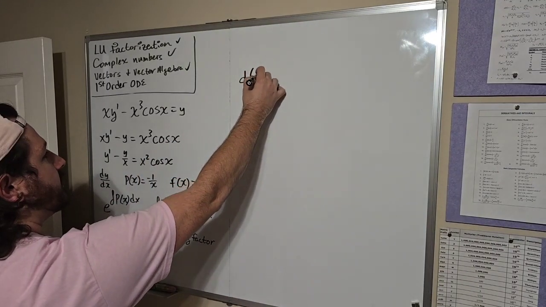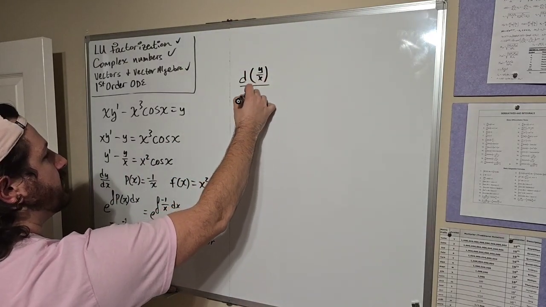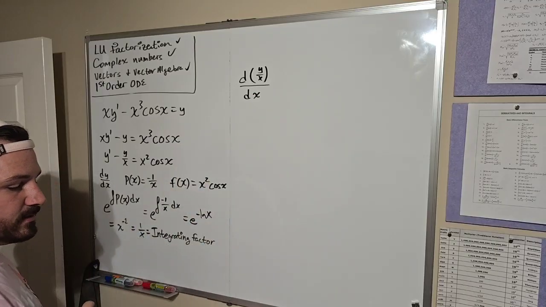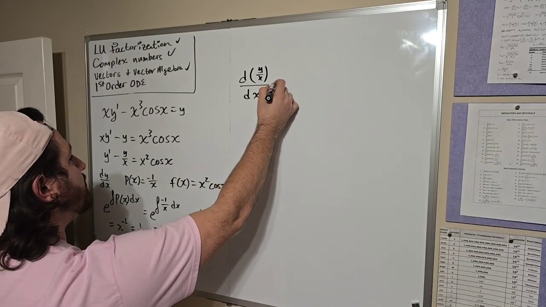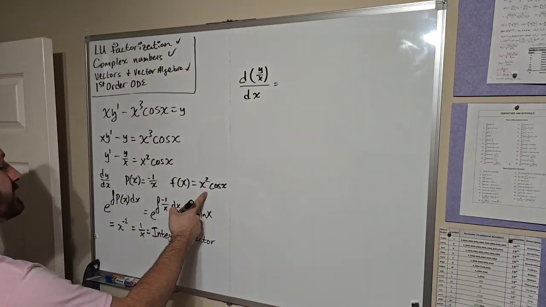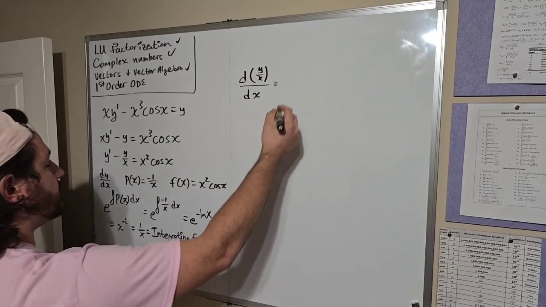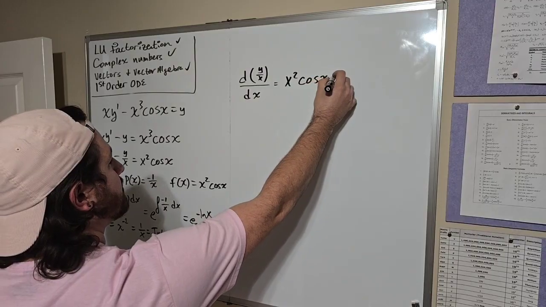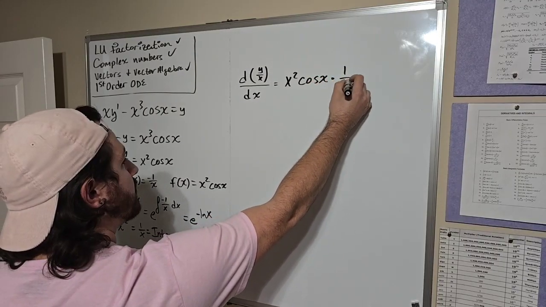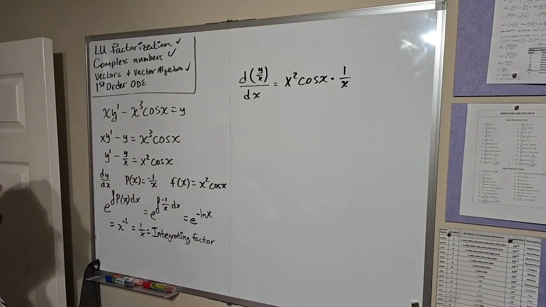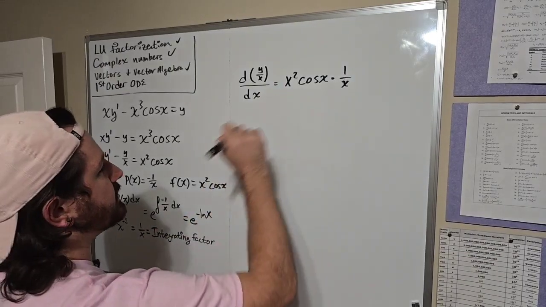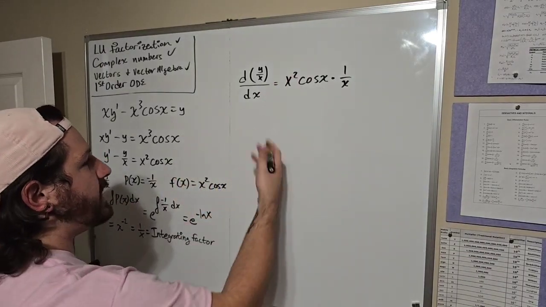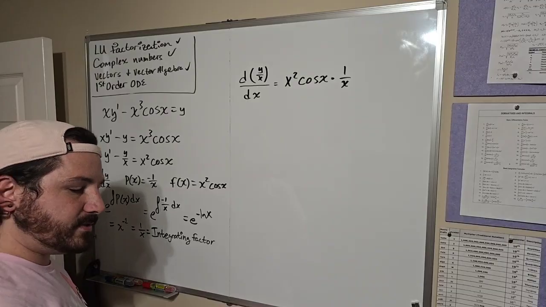So we have y over x, and underneath we have our dx. And that's equal to just our f of x times our integrating factor. So that's x squared cosine of x times 1 over x. Now we can see there's going to be cancellation here, and we can multiply our dx over.